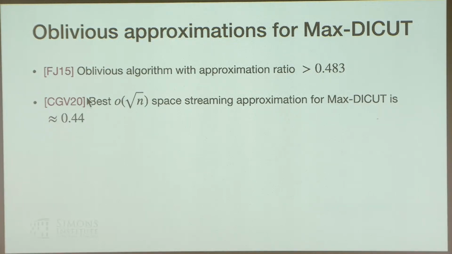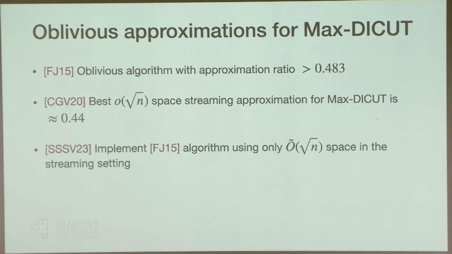So the first question is, can we implement these oblivious algorithms in more than little o of root n space, but less than n space, thus obtaining better approximations than what we already know? And that's what we show in this work. It is possible: using just O tilde root n space, you can implement any oblivious algorithm, and essentially that helps you get 0.483 approximation.